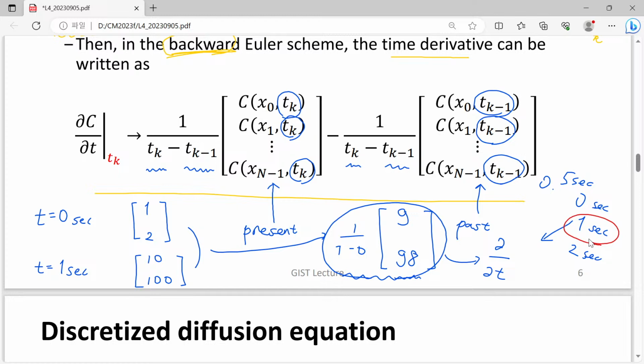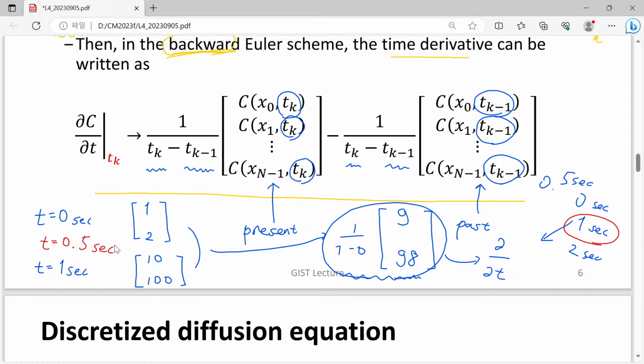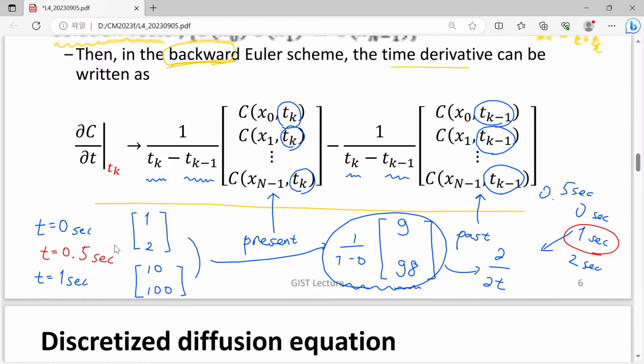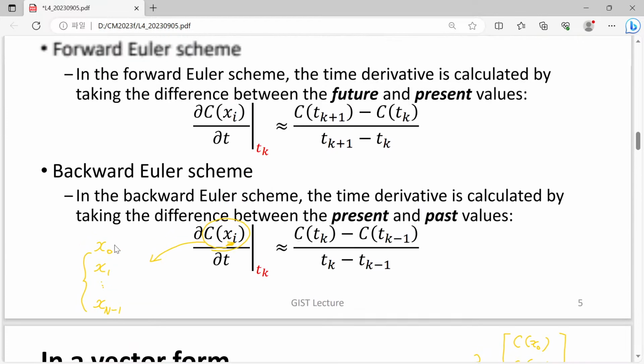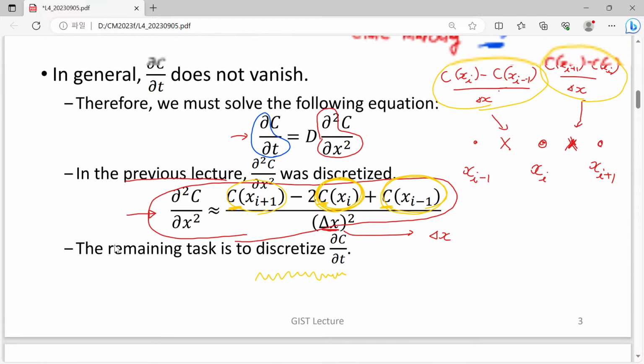If I had no previous knowledge of this scheme, and you asked me the same question, I would answer like this. Maybe this one should be assigned to 0.5 second, because this is the difference between 0 and 1, and it is quite obvious to assign this intermediate quantity to the intermediate point. We have already applied this kind of philosophy in our previous real space discretization. Do you remember it?